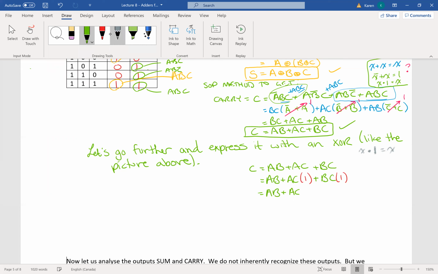And instead of a 1, I'm going to put a Boolean expression that represents 1. B or B prime, so X or X prime is equal to 1. So I'm going to put that in there. And I don't expect you to be able to come up with this.